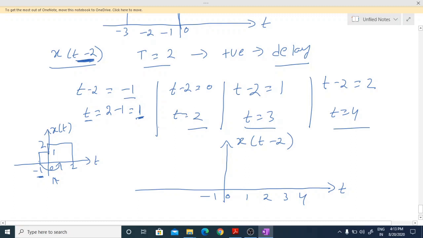The amplitude value at the 0 position will be shifted to t equal to 2, the amplitude at t equal to 1 will be shifted to t equal to 3, and similarly the amplitude at t equal to 2 will be shifted to 4. So the corresponding signal will be drawn as shown.